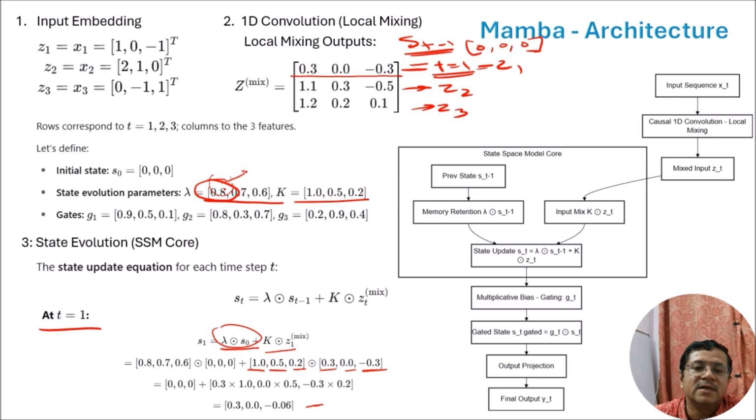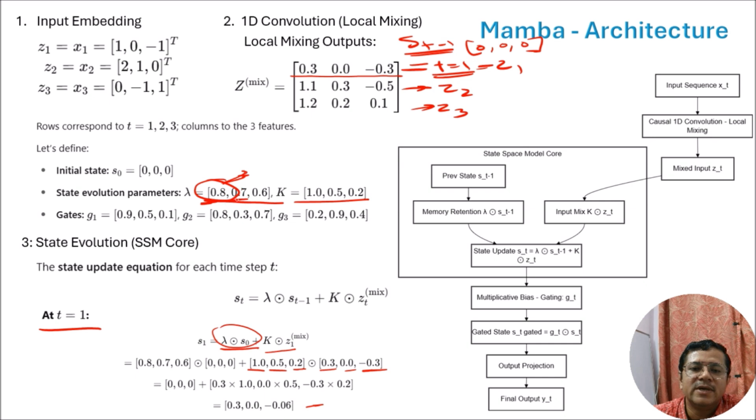This means when we multiply this value with some of the other values, then the chances of retention of that value will be high.